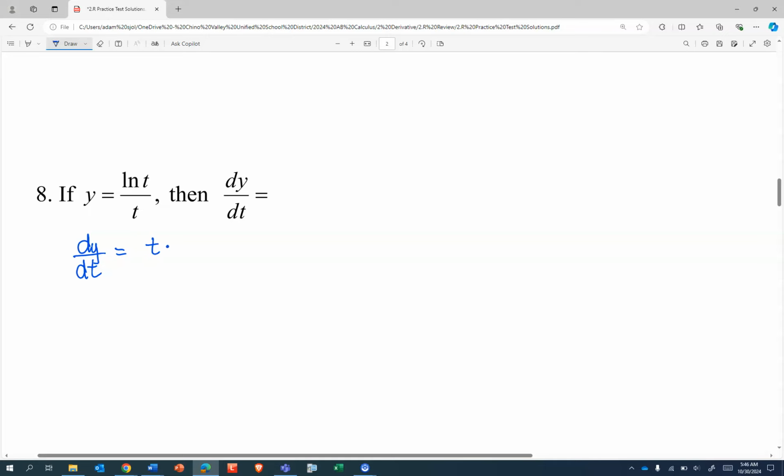Denominator t times derivative of the numerator 1 over t, minus the numerator natural log of t times the derivative of the denominator, all over t squared. I think I gave this one to you guys when we were first doing derivatives of logarithms. I think that's pretty good.